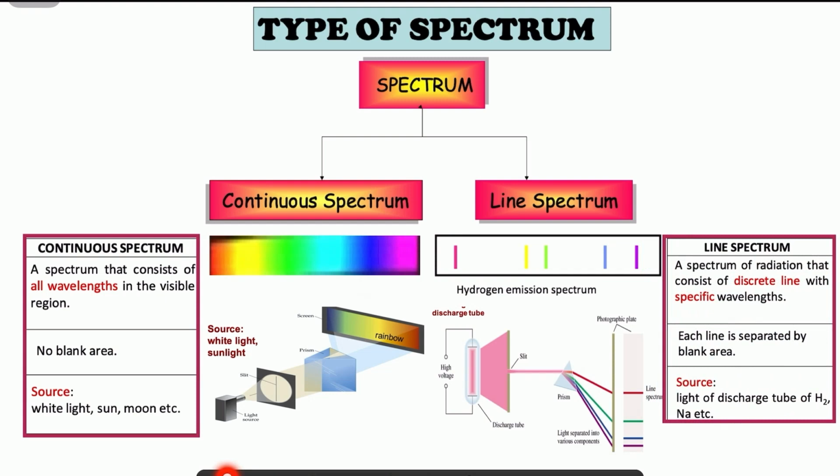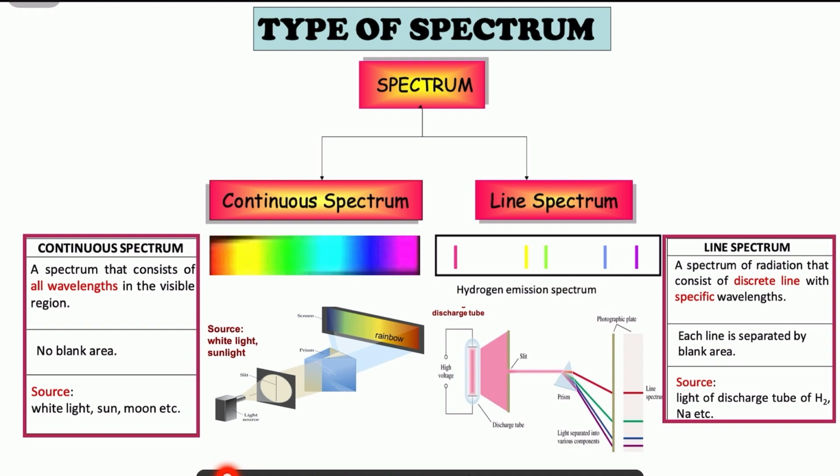Line spectrum refers to the spectrum of the radiation that consists of discrete lines with the specific wavelength. Just as I told you, for the line spectrum you can see clearly it is a line. Each line has specific wavelength, and each line is separated by blank area.